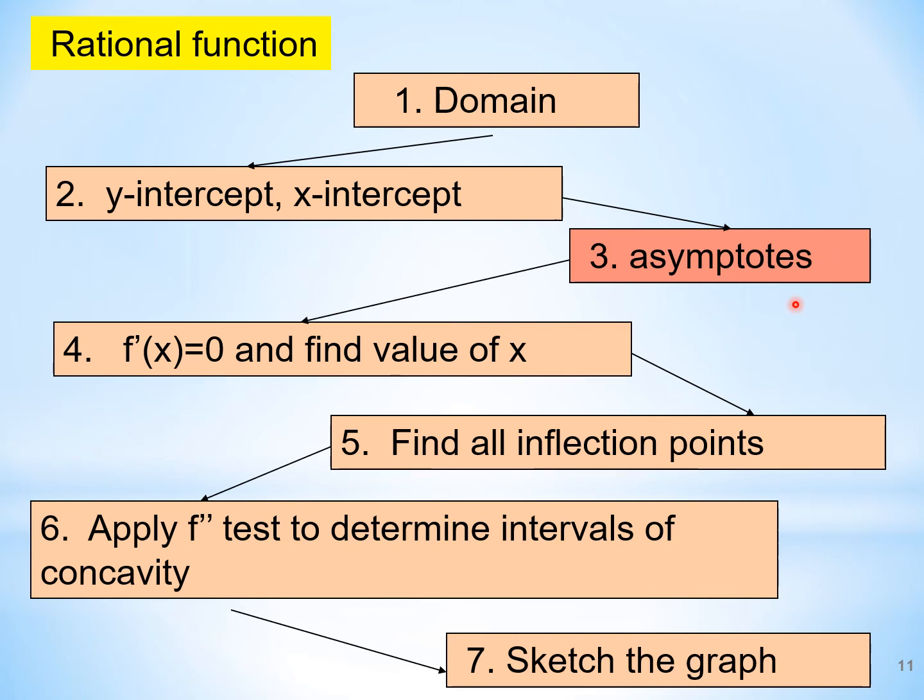Asymptotes is the garis putus-putus. Then number 4 is the first derivative equal to 0, and number 5 to find the inflection points using the second derivative, and then number 6 is to determine the concavity and sketch the graph.